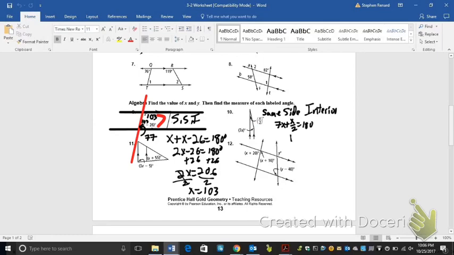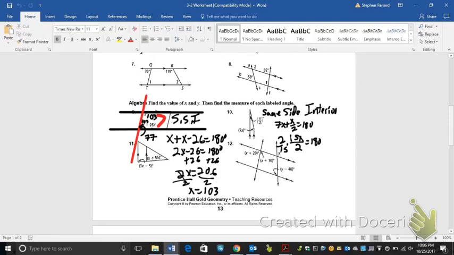Now what I'm going to do here is we have x over 2. So instead of 7 over 1, I'm going to change that into 14 over 2, knowing that there are 14 halves in 7. So then we're going to go 15x over 2 equals 180. So then we're going to multiply by 2 over 15, that's the reciprocal.